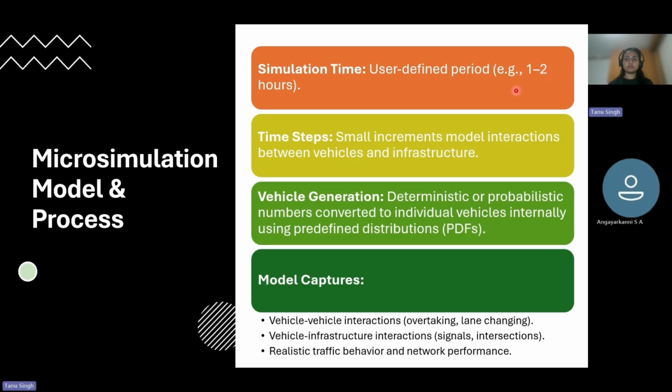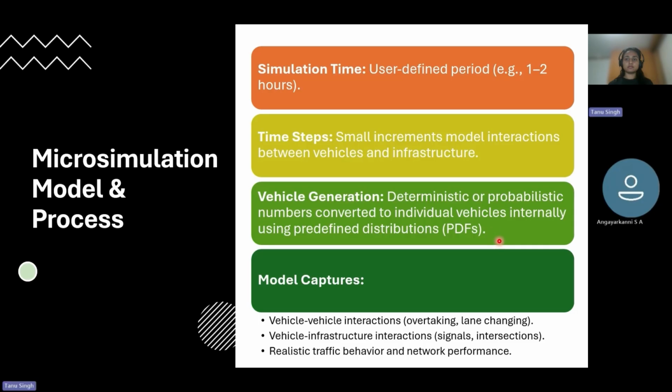The model progresses in small incremental steps, capturing how vehicles interact with each other and with the infrastructure. If we input a total number of vehicles, the model can internally generate individual vehicles using probability distributions, assigning speeds, departure times, and other characteristics. This ensures realistic variability in traffic flow.